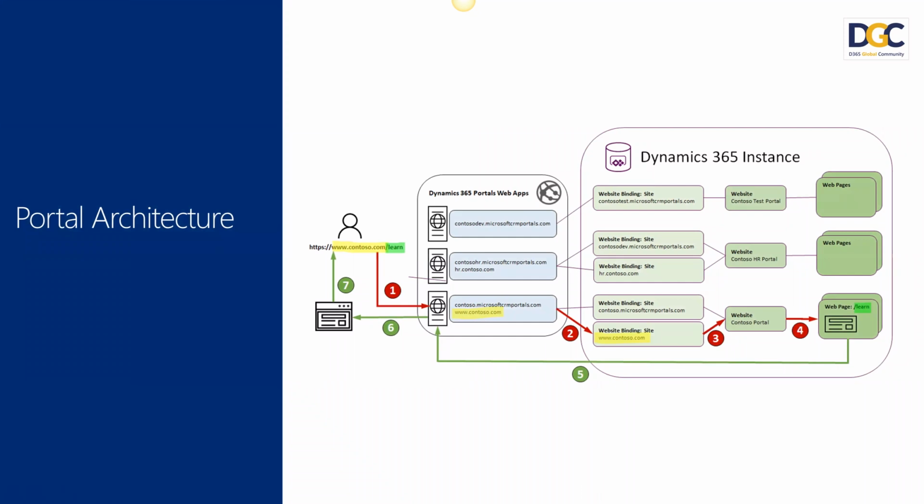First, as we already know, each portal web page is connected to only one single instance of Dynamics 365. But if you have more than one portal, then you have to buy an add-on subscription. Then multiple portals can be connected to the same portal architecture.